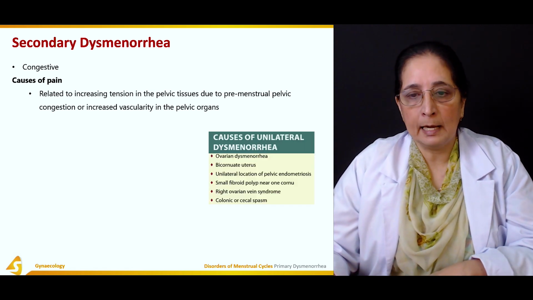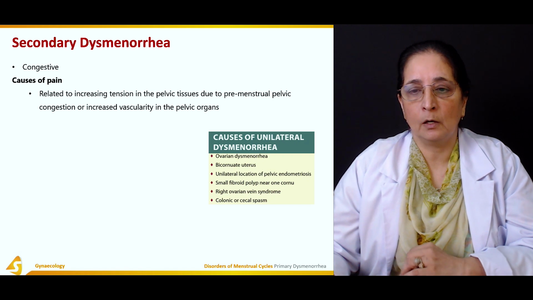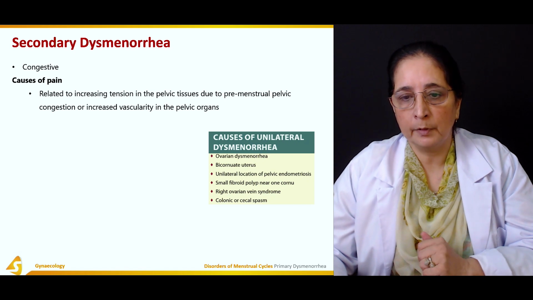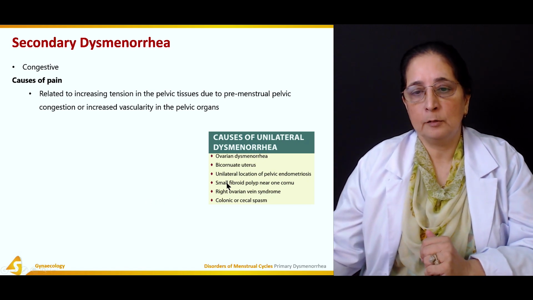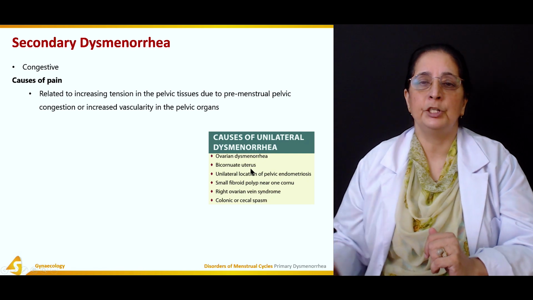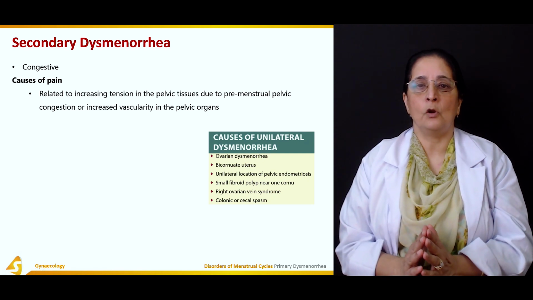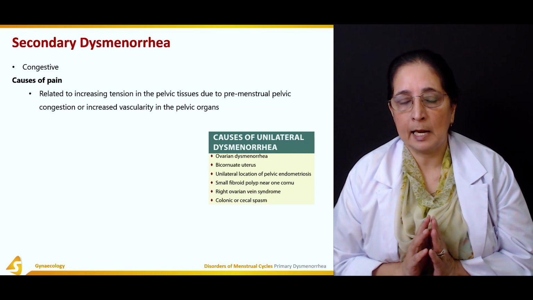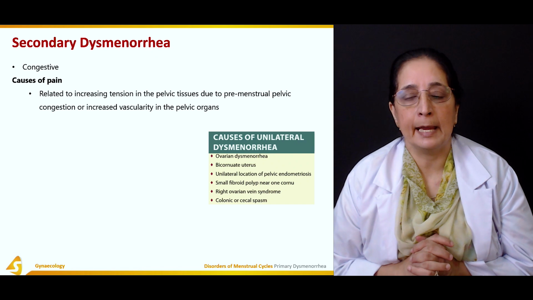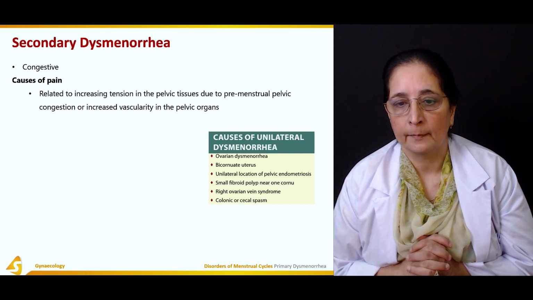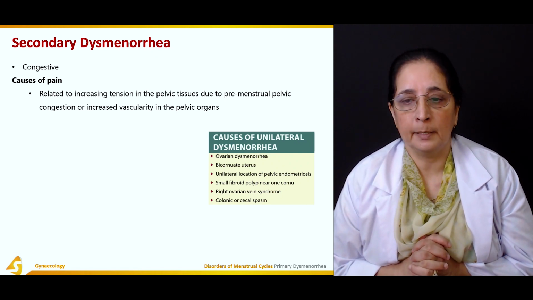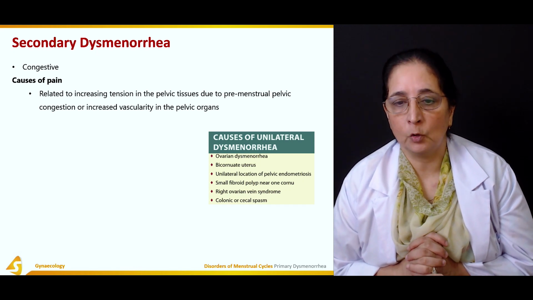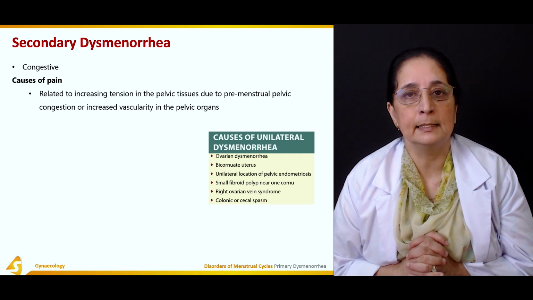Causes of unilateral dysmenorrhea, or pain on one side, usually include ovarian dysmenorrhea. If there is a bicornuate uterus, meaning the shape of the uterus is not normal, unilateral location of pelvic endometriosis, a small fibroid polyp near one cornua, right ovarian vein syndrome, and colonic or cecal spasm.